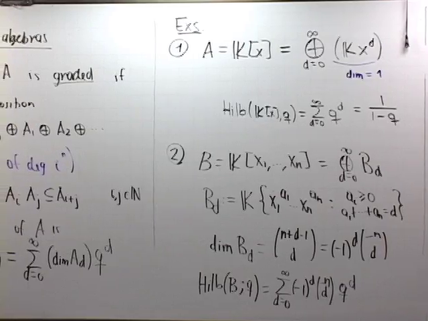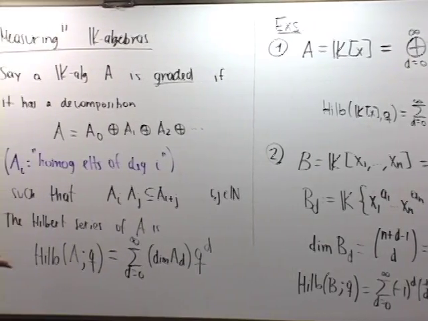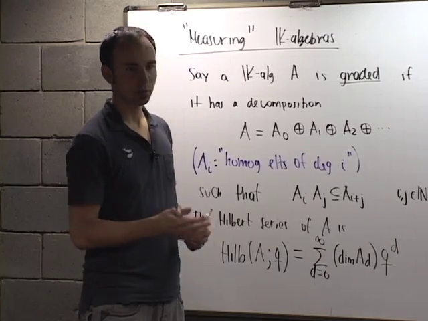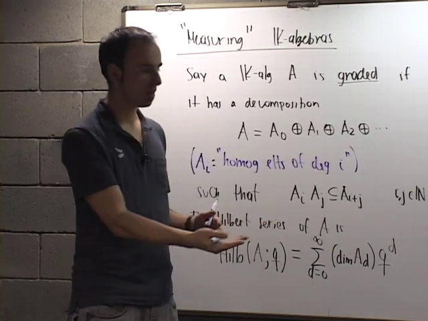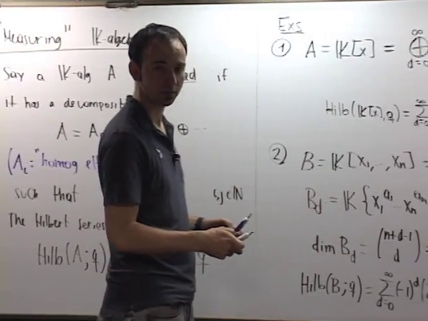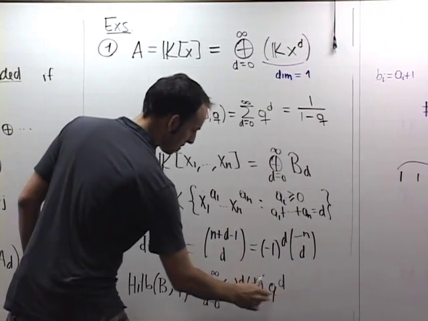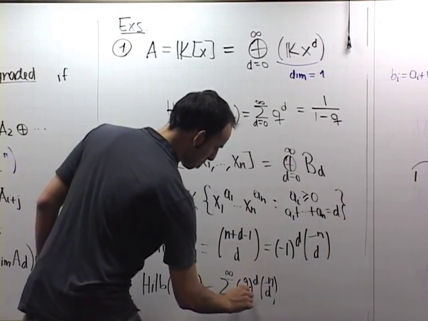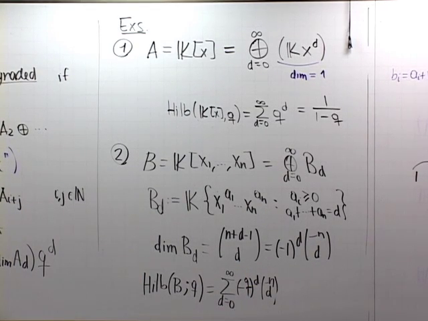Okay? Now, we would like to simplify this. And the first thing you'll notice is that minus 1 to the d times q to the d is minus q to the d. So let me take this and put it in here. And now, do you recognize this series?